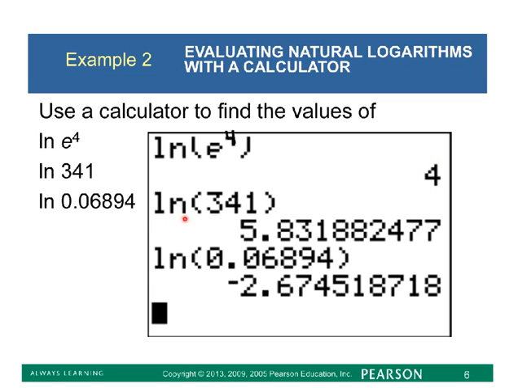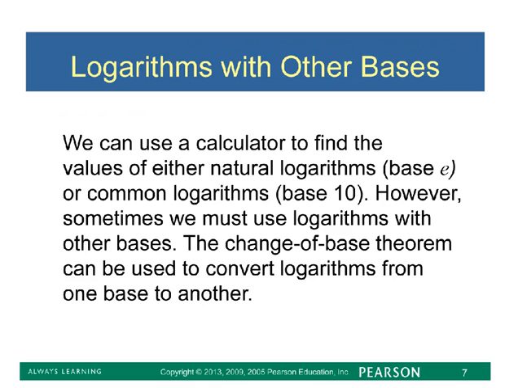And then ln of 341, here's our value. And then ln of this decimal number here, we get this approximation value right here. Okay, so let's look at some other things. All right, so that's how we're going to be using our calculators to help us.